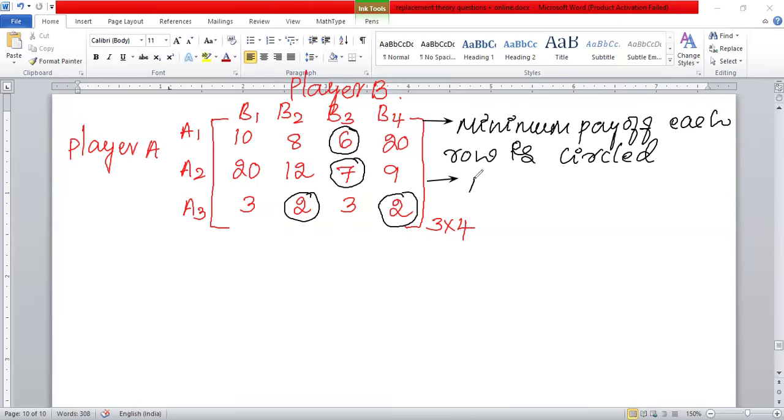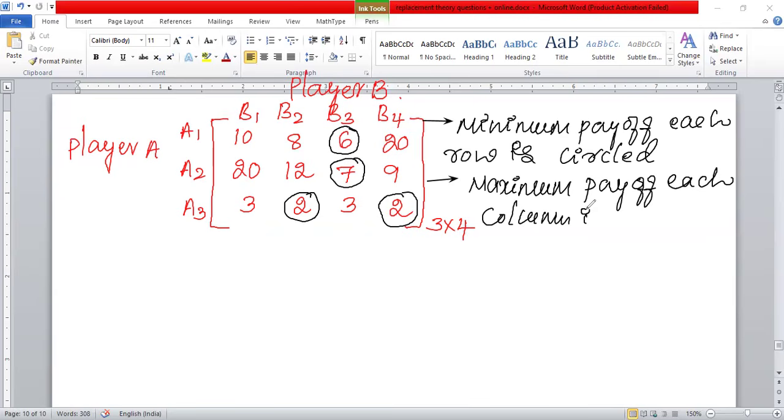Second, maximum payoff of each column is boxed. Look at the 4 columns.